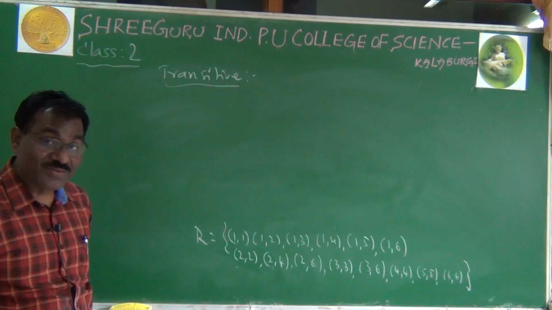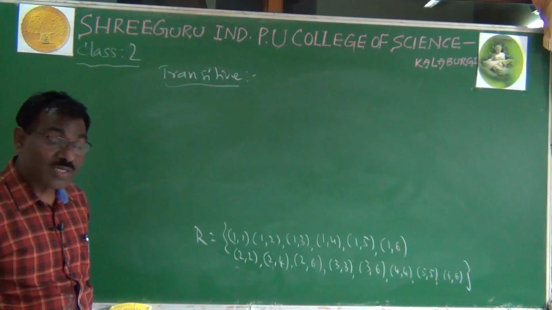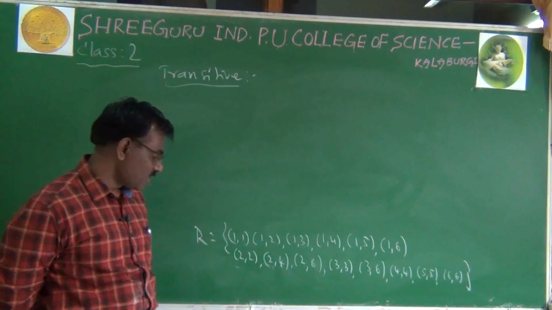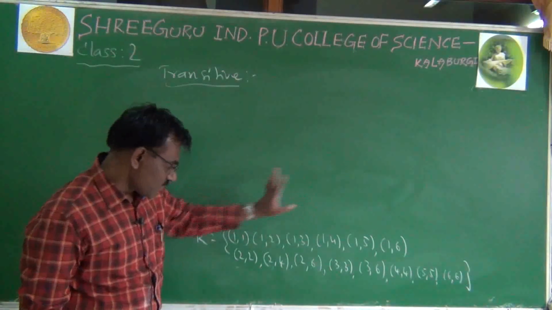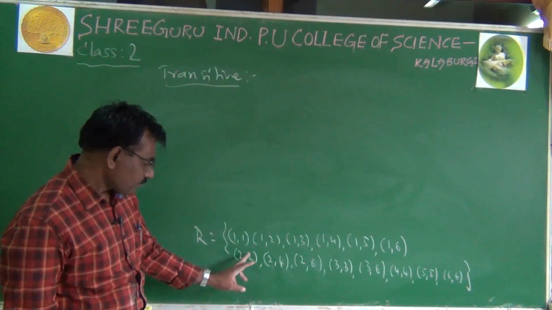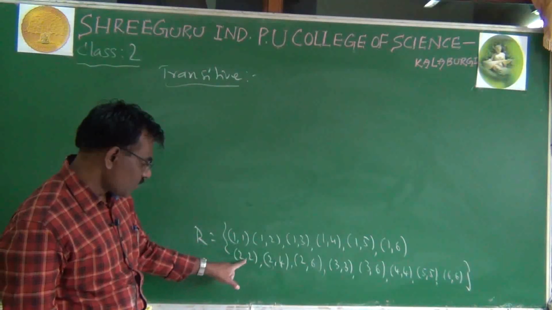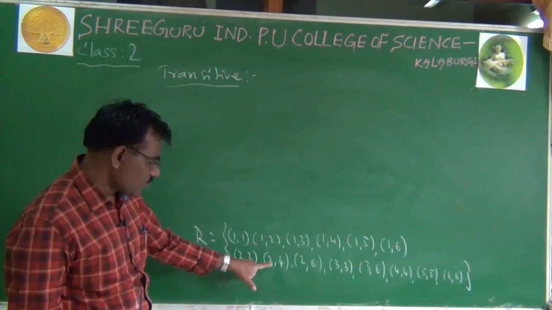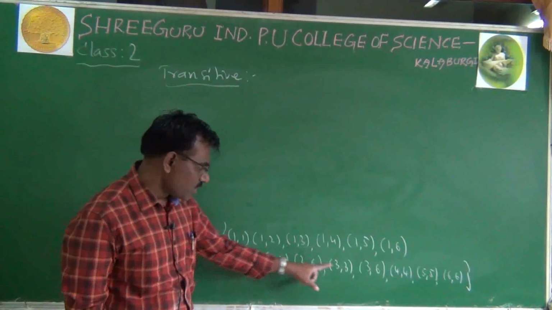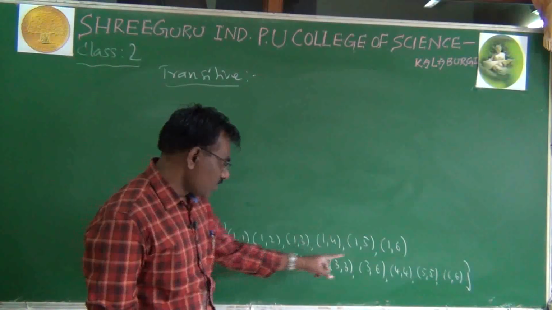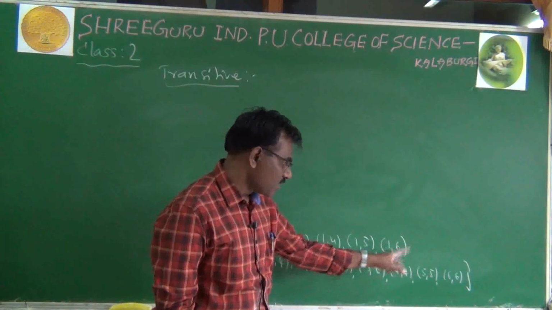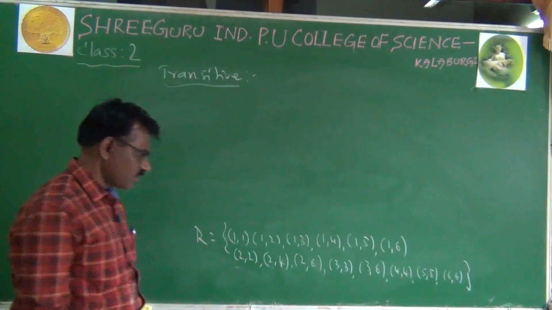This is transitive. You can take any two ordered pairs, but for transitivity you have to select two ordered pairs, A comma B and B comma C. So 1 1 1 2, 1 2 2 4, 1 4, and so on for all the possibilities.